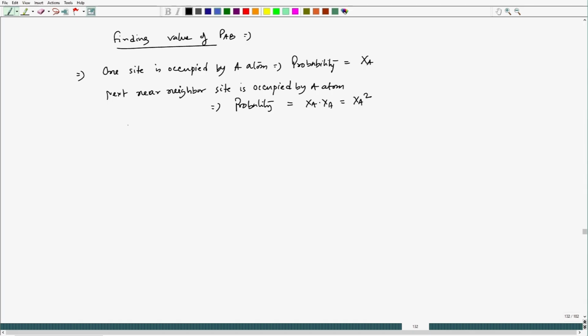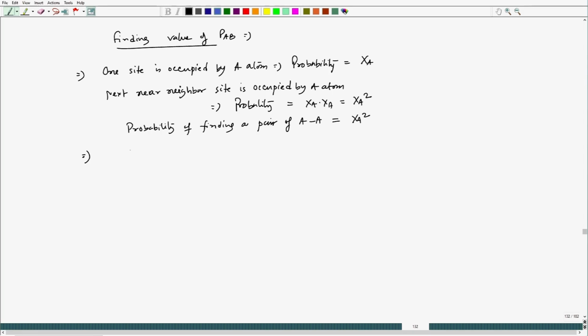So, we can say that the probability of finding a pair of A and A is equal to XA square.